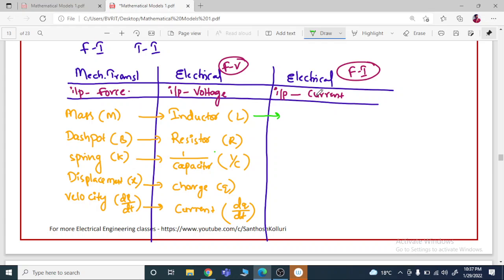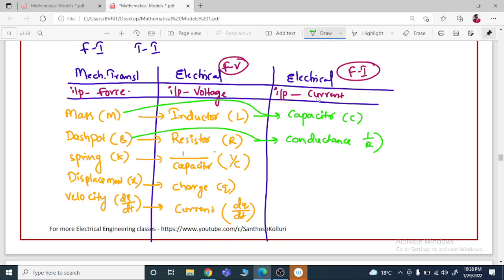So in this case mass can be represented with capacitor C, and dash pot can be represented with reciprocal of the resistor, that means conductance, 1 by R. R you can directly write like this, no need to get confused.